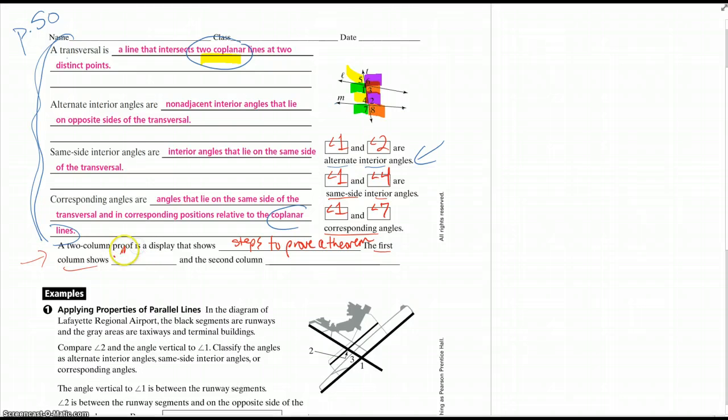Let's clean that up. That's better. It shows the steps, and the second column shows the reason for each step. Okay, now on to the examples.